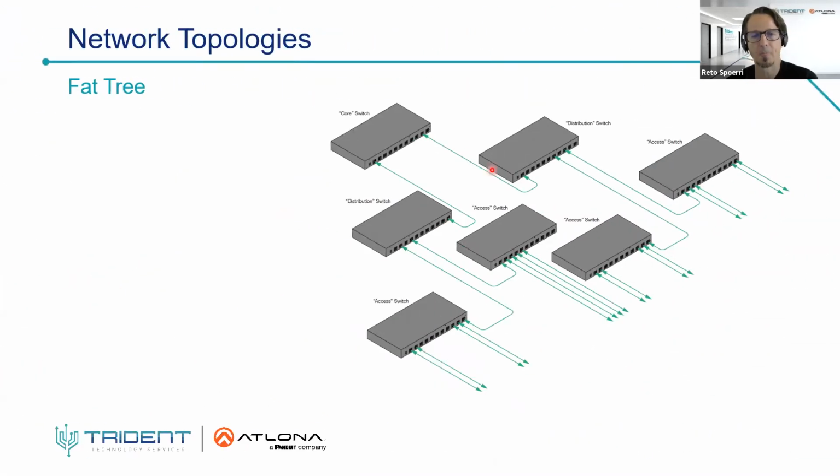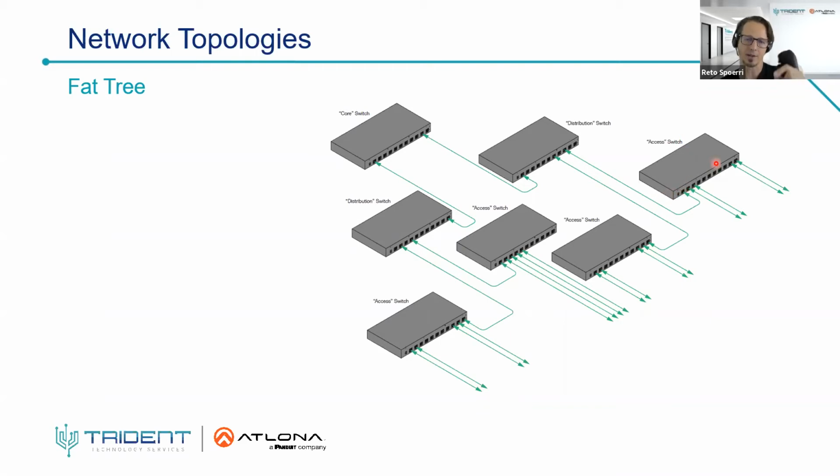So the fat tree adds an additional layer. Before we had the core layer here and the access layer here, and now we're introducing an additional layer, which is the distribution layer. So in real life, that would be the access switch somewhere on the floor of a building, and all the devices that are physically present on that floor connect to the access switch.